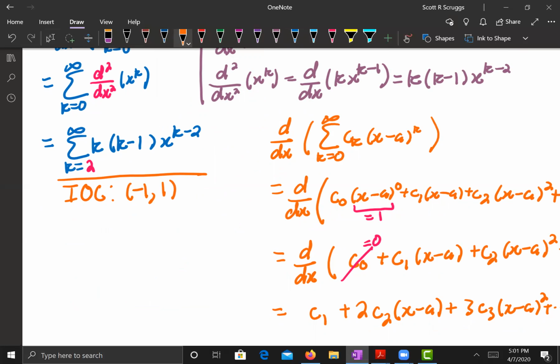If I plug in 1, I'll have k times k minus 1, which goes to infinity. If I plug in -1, then because the positive terms go to infinity, the limit will not exist. So that's why my interval of convergence is still -1 to 1, open parentheses.